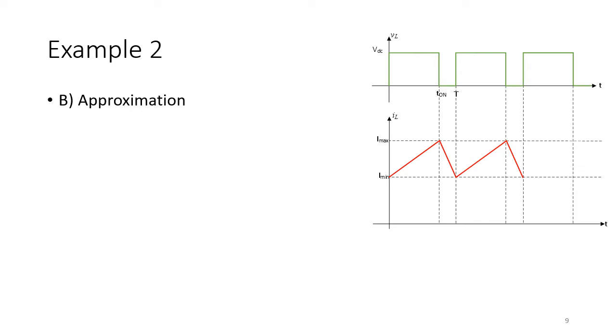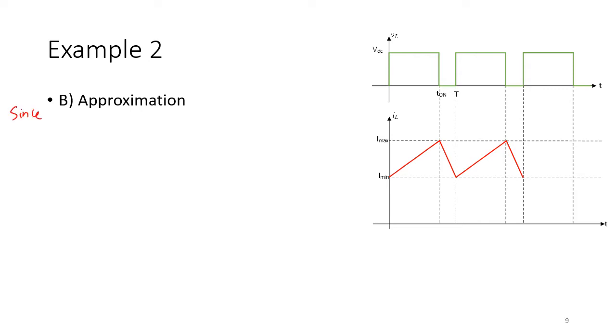Anyone? Nope. No one. Okay, so the condition was that the time cycle, T, the time period, be much smaller than tau, the time constant of the circuit.